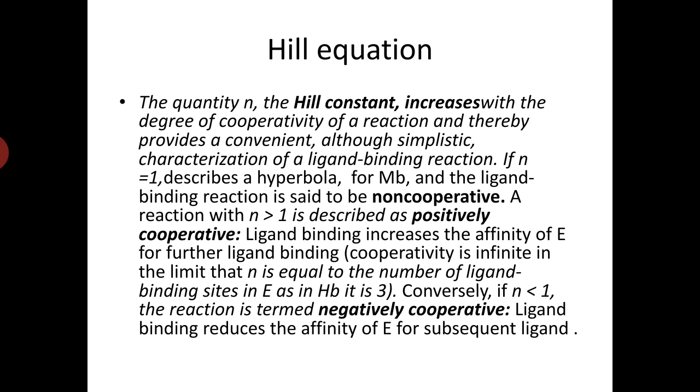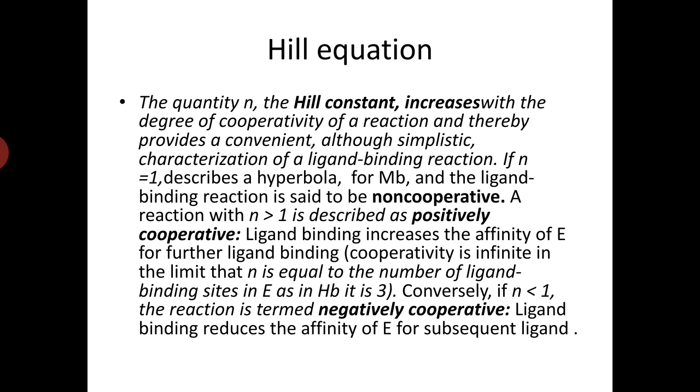But if n is greater than 1, as in the case of hemoglobin where it is 2.8, roughly equal to 3, once one oxygen is attached, it promotes the attachment of the second oxygen to the hemoglobin. One subunit attached to oxygen promotes another subunit to attach oxygen, and when the fourth oxygen is attached, the hemoglobin has about 100 times more affinity for oxygen compared to the first.